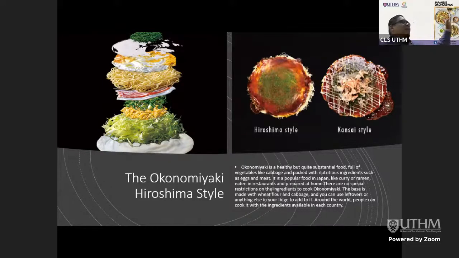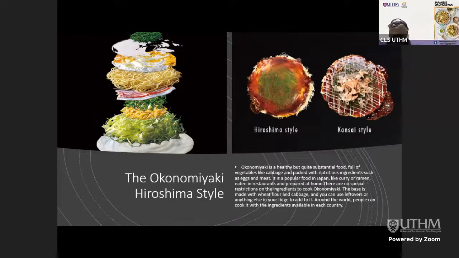But in the Kansai style, they make it like a pancake. Hiroshima is more like a pizza. It is layered, it doesn't mix. It's stacked and you can put anything you like. This one is very Hiroshima. They use pork, but for Muslims, maybe we can take out the pork and put whatever.